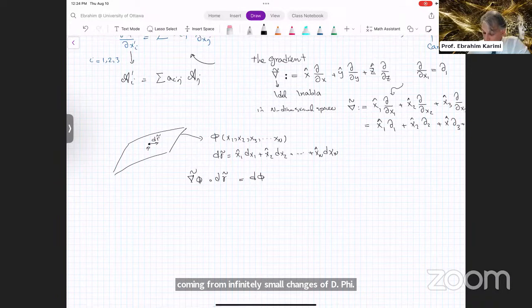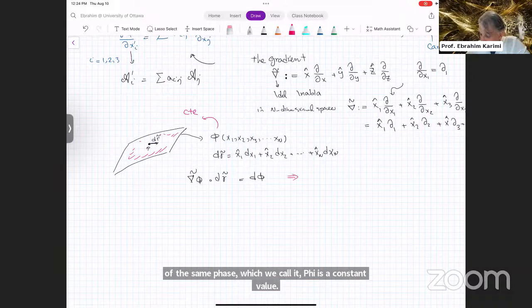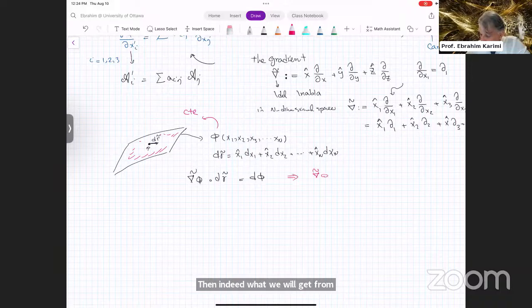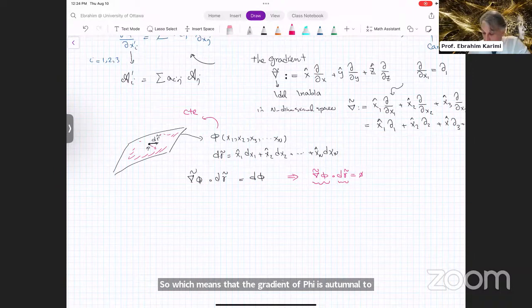And we say that if that dr lies in the same surface, where phi is a constant value, then what you get is that the gradient of phi dot dr is equal to 0. Which means that the gradient of phi is orthogonal to dr, because dr is an arbitrary vector which can be in any direction within that surface.